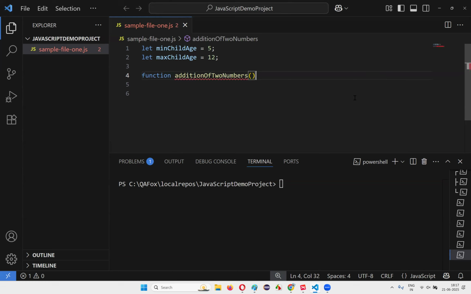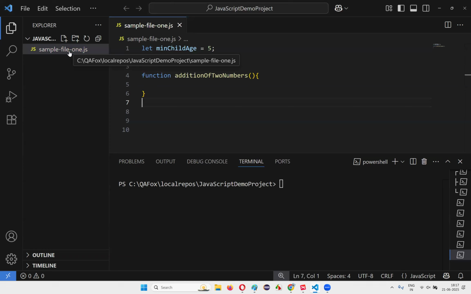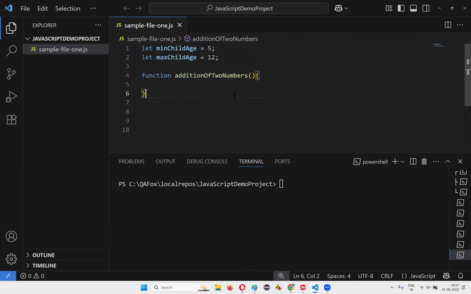This is also lower camel case, guys. The functions we have to create in lower camel case. So I created the JavaScript file names with kebab case, variables and functions in lower camel case.